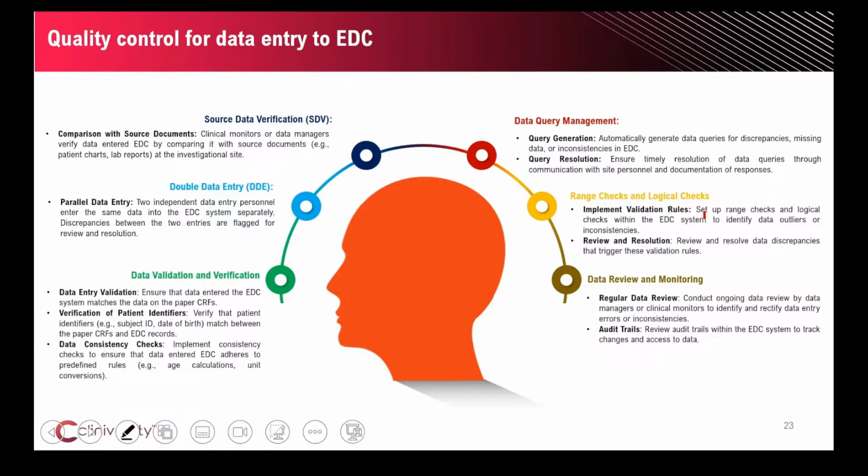Some of the key QC activities to consider when moving from paper-based data entry to EDC are: first is data entry validation, which involves verifying that data which is entered into the EDC system matches that of the paper CRFs.